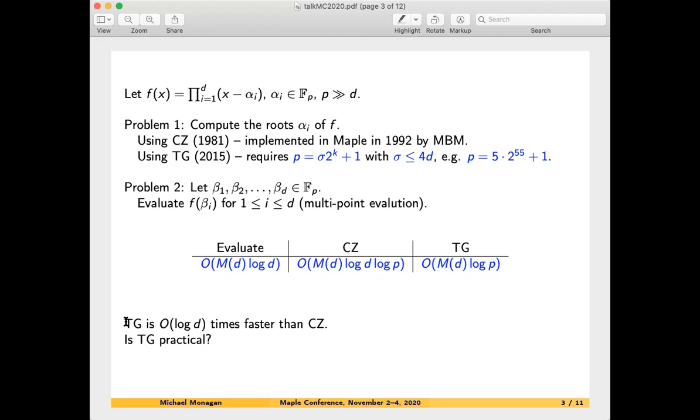So tangent graph is order log d times faster than Cantor-Zassenhaus. But log d is not very big. If d is 1 million, log base 2 of d is 20. It could depend on the constants in the algorithms as to whether tangent graph is really faster or not. So there's a question, is the tangent graph method actually faster?